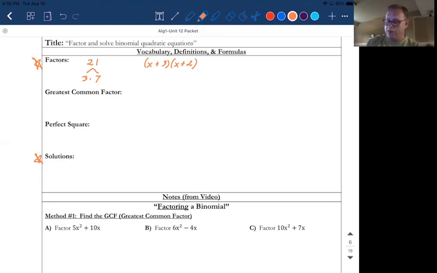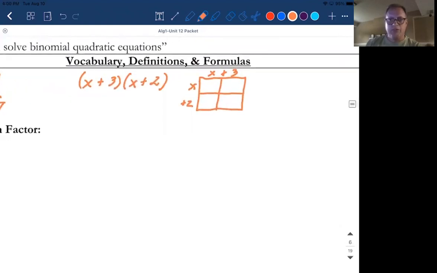But if we took x plus 3 and x plus 2 and we multiplied them, kind of review for you. Let's put x plus 3 here and x plus 2 right here. And if we use the box method and take x times x, that would give us x squared.